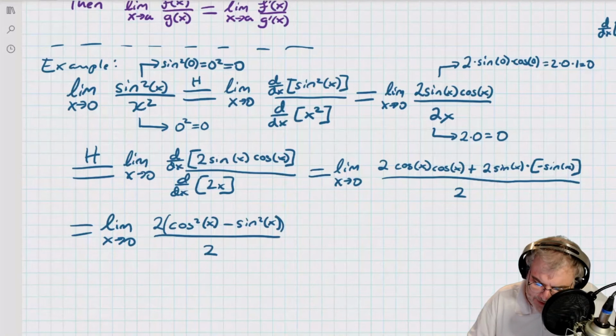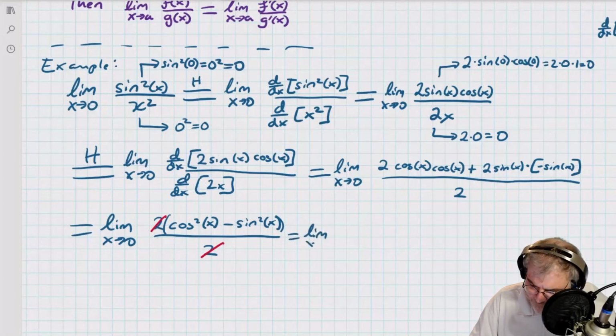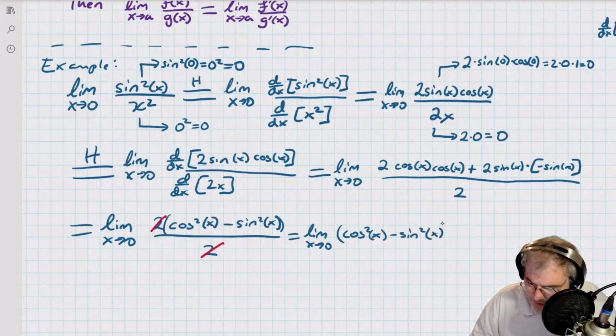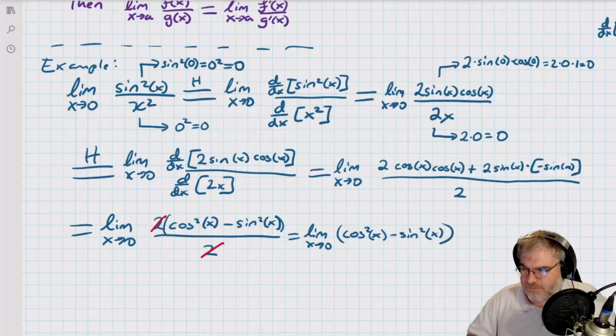And the reason I did that is because I wanted to cancel those 2's, and I wind up with this. Again, if you write cosine 2x there, we're going to hunt you down. Why would you do that? No need to do that.